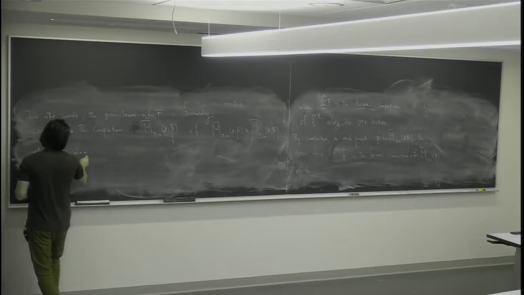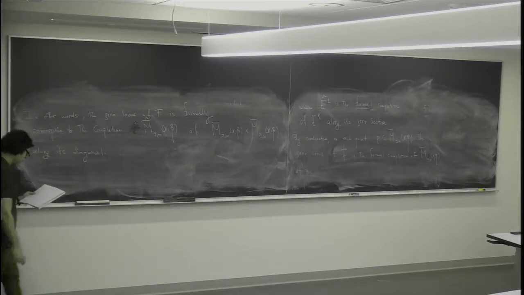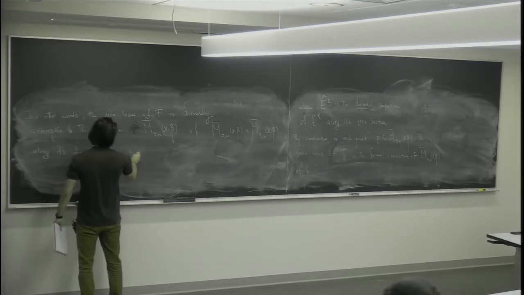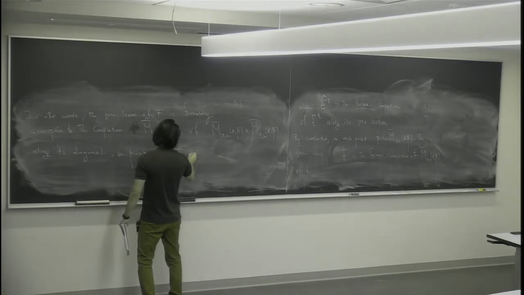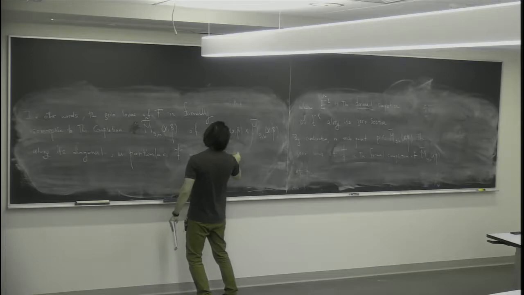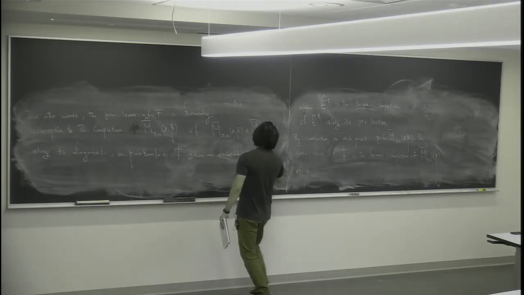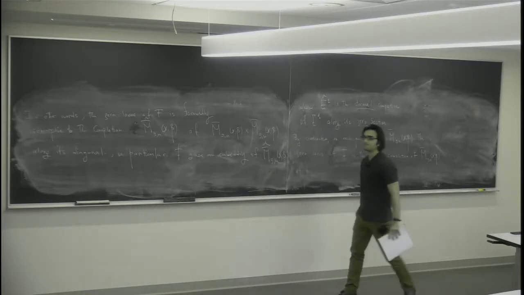Now I claim that if you didn't understand this blackboard, when I talk about Behrend and Fantechi, you will understand it, and then you will be sure that you understand this blackboard too. Think about what the sheaf of differentials of a scheme means. For this bit, think about this.